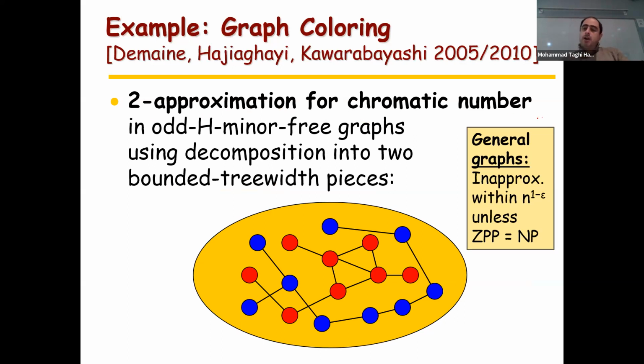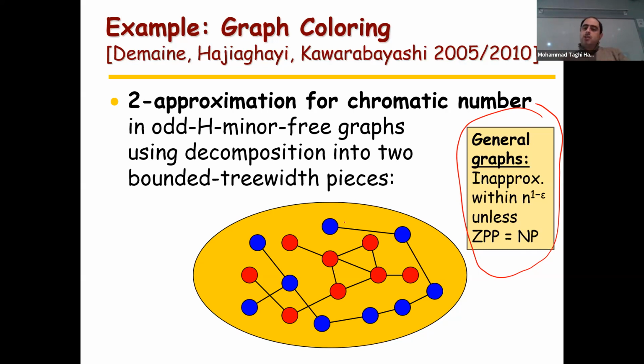Again, the problem is very hard, but we can solve it easily using this theorem. Why? You just partition into two sets. Then each of them is an induced subgraph. An induced subgraph has all the edges there, and it is of bounded treewidth. As I mentioned, in bounded treewidth graphs, almost all problems can be solved in polynomial time.